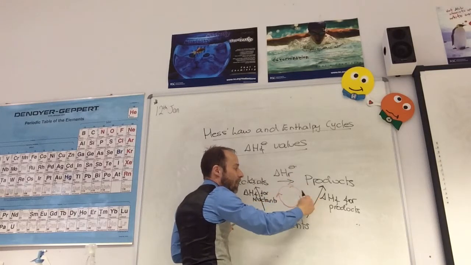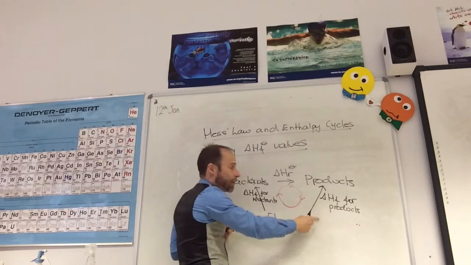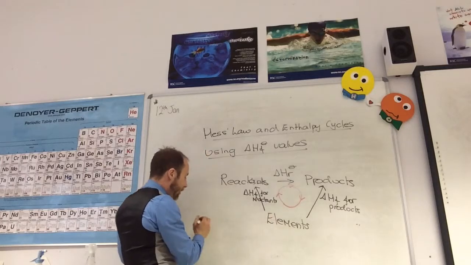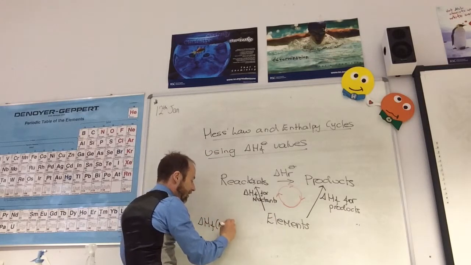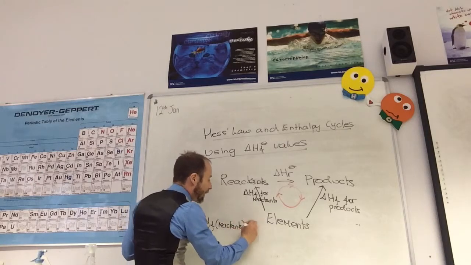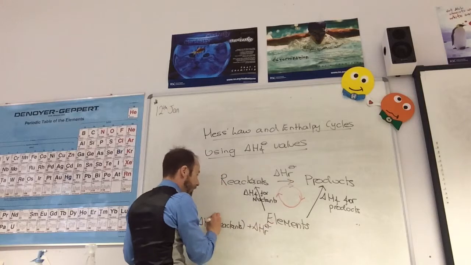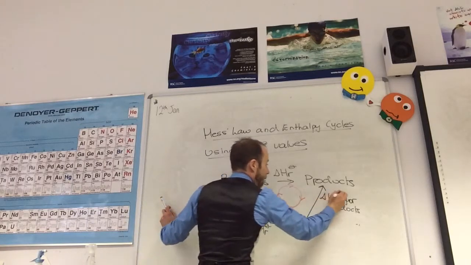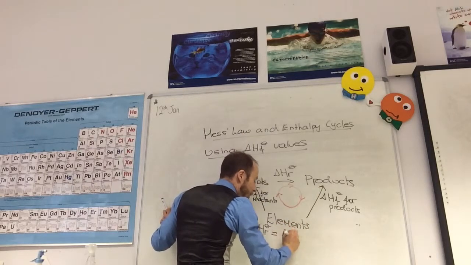This arrow goes the opposite way to this arrow. So the way to do it is delta HF for reactants plus delta HR, which is what I want to find, is equal to the arrow that goes the opposite way.